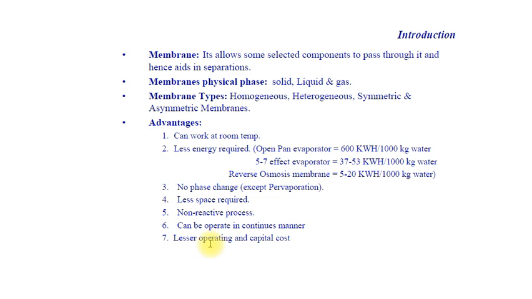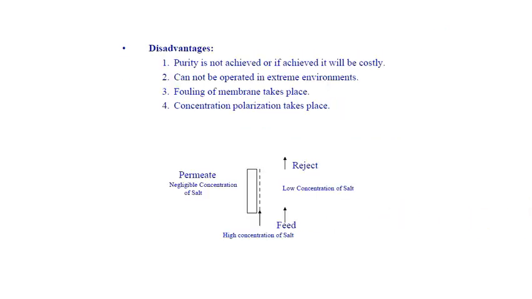As I told earlier, you do not require the condenser or the reboiler in this process, so the capital cost requirement is also low. So these are the advantages of the membrane-based processes.